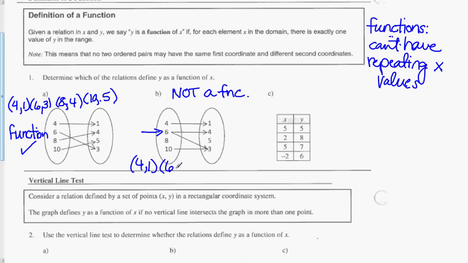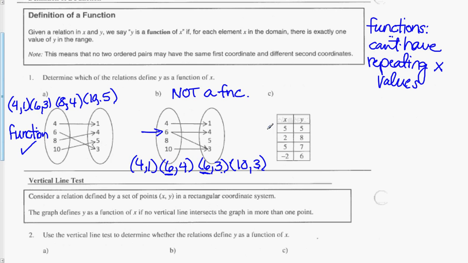This time though, I would have 6, 4, and then 6, 3. And then I would have nothing to go with 8. 8's not going anywhere. I'd have a 10, 3. Now, I've got 6's repeated in the x slots, so that can't be a function. Notice I also have 3's repeated, but those are in the y spots. That's okay. You can have repeating y's and it still be a function. You're really looking at the x values for it to be a function.